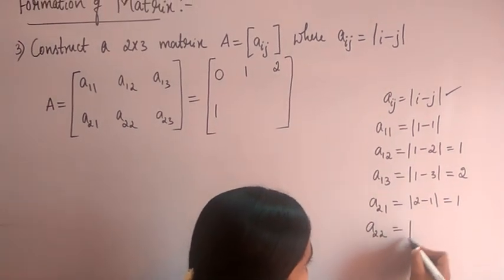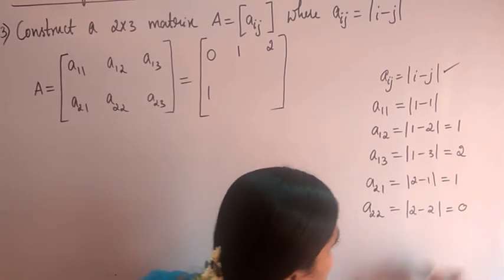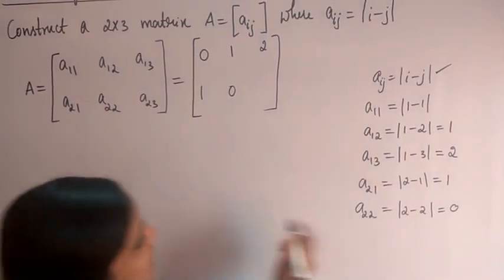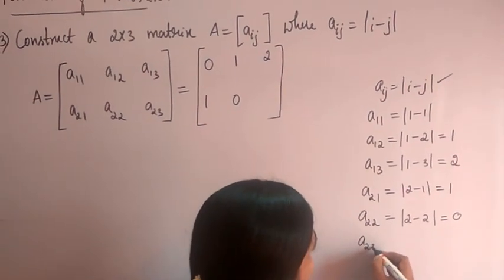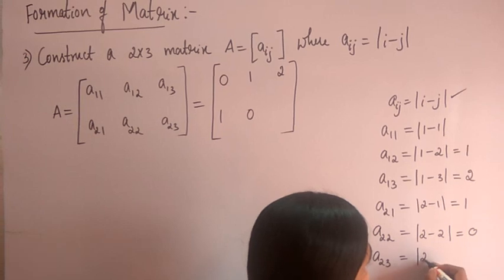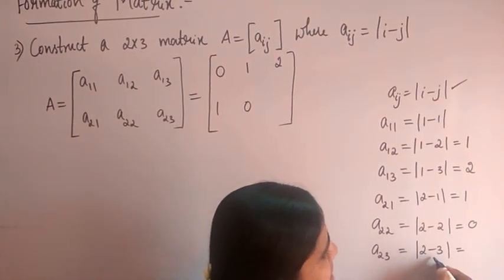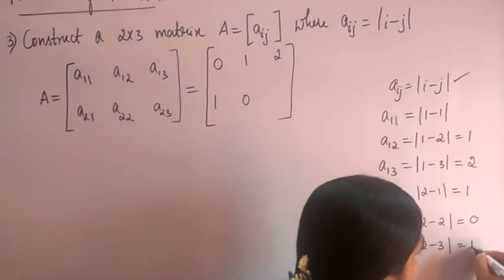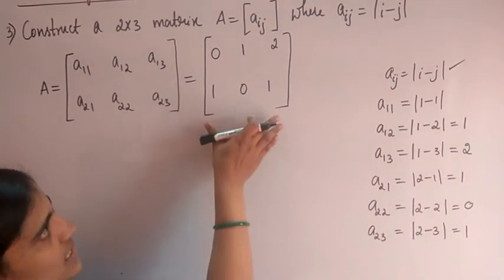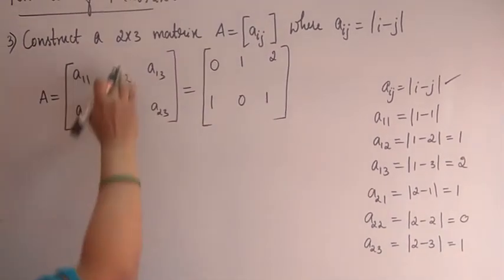So if you substitute in the formula, modulus 2 minus 2, 2 minus 2 is 0. So here we get 0. So last element A23. A23 equals modulus 2 minus 3. So 2 minus 3 means we get minus 1. So modulus of minus 1 is plus 1. So last element is plus 1. So this is the required matrix of order 2 cross 3.